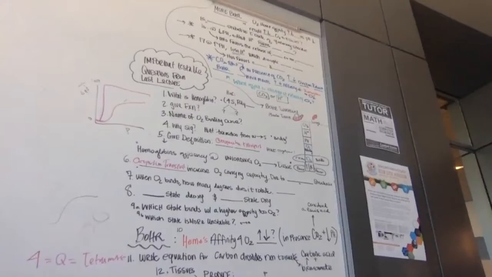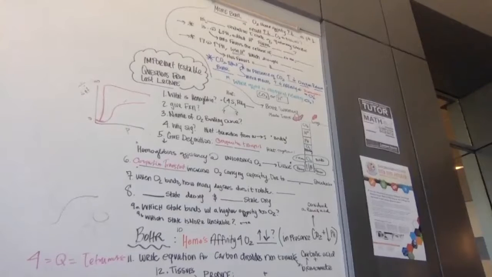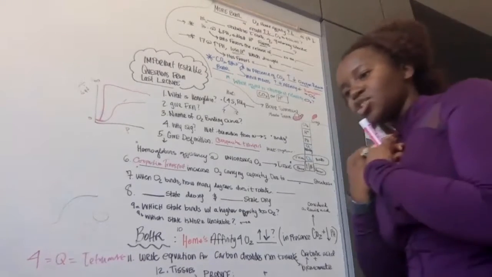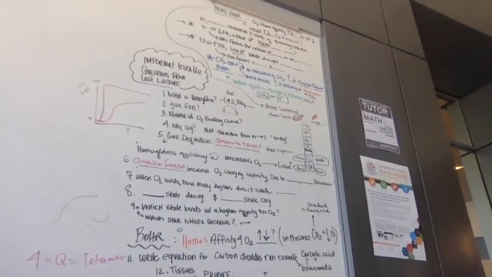Cooperative, so the whole point of cooperative transport is to increase the O2 carrying capacity so that when it gets into the tissue, it's able to release it. I think of a rich man in a strip club who just starts spreading a whole bunch of $1 bills.